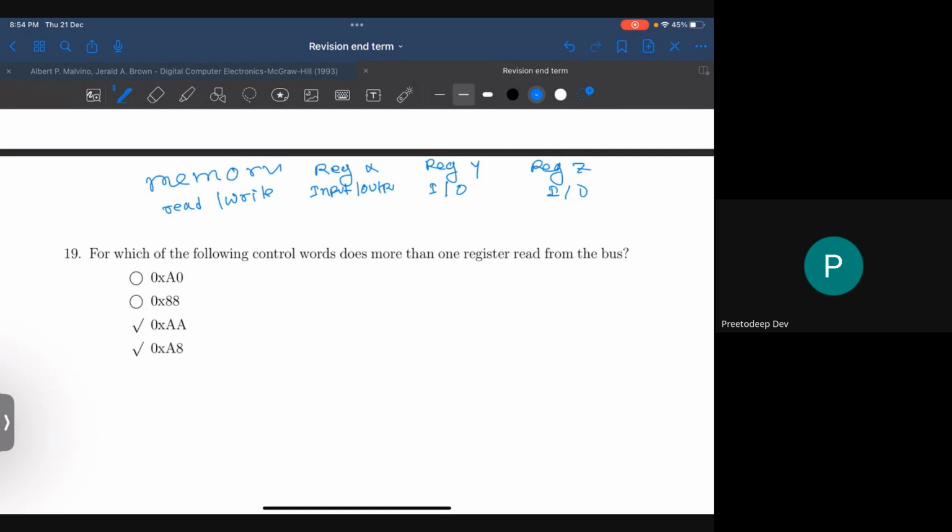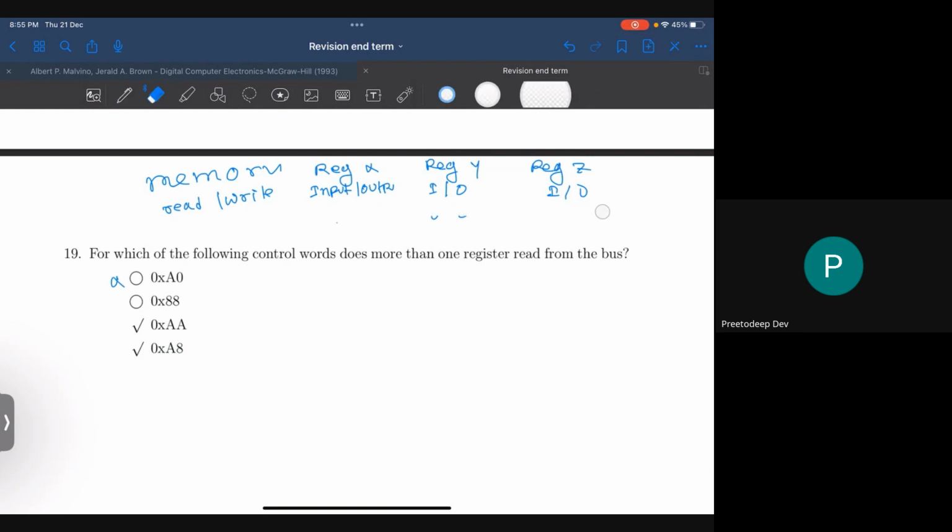A is 10, which is 1 0 1 0, then 1 0 1 0 and 0 0 0. So it's only one register reading from the bus, only register X. So this will be wrong.